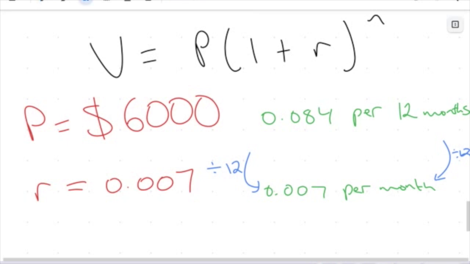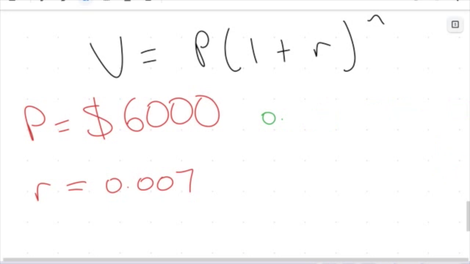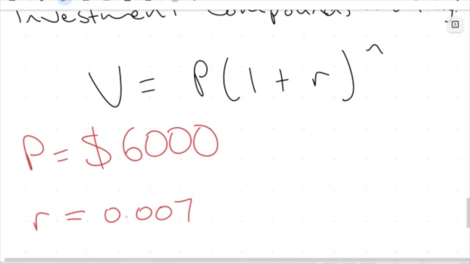0.007. Now, in the same way, we can think of our years that have passed, because the N here in the formula is a little bit misleading, because you think of N and you go, okay, N is the years, right? But we can think of N more as the time passed with each compounding.